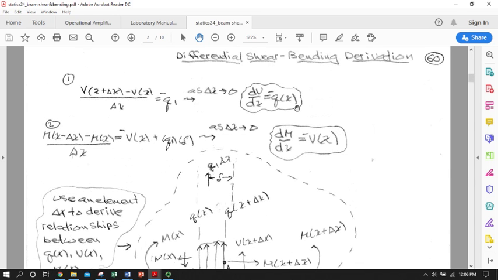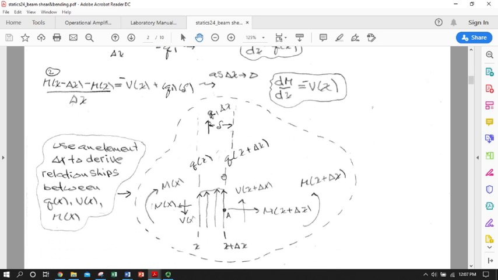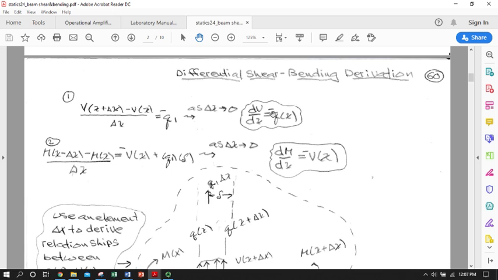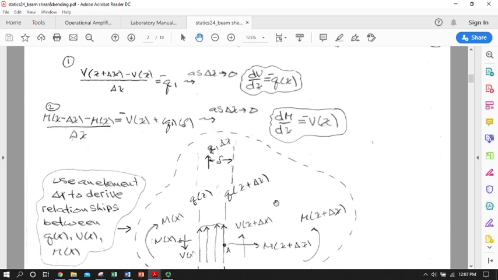So these two are key, and the sign here for the first derivative of shear with respect to x being equal to the distributed load, this negative sign will be there or not depending on which direction you are defining the distributed load. If the distributed load is downward, which it quite often is, you won't have the negative. So be aware of how we derive this.